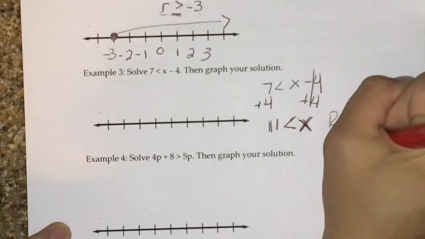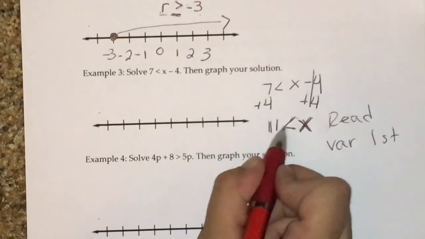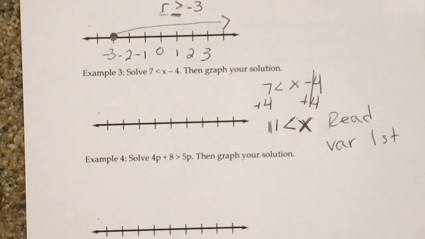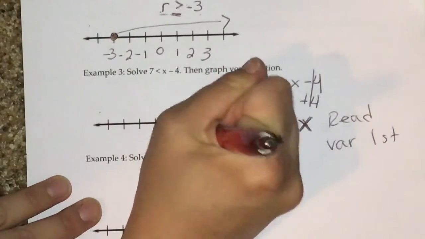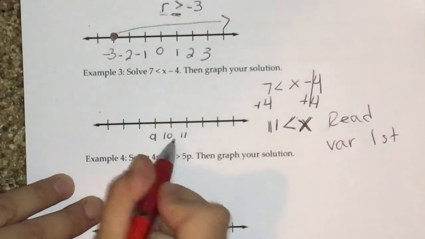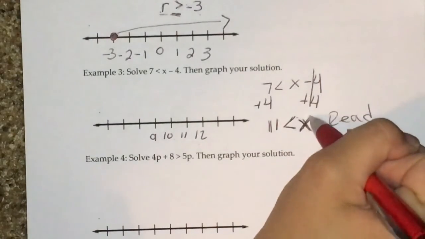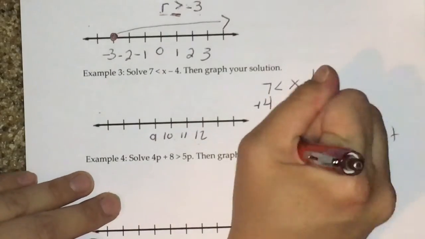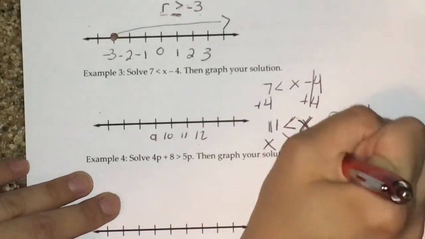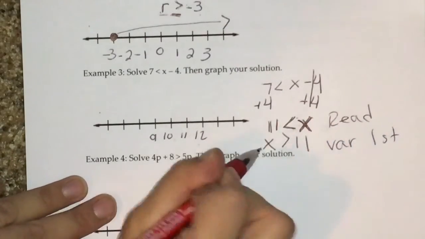Always read the variable first, okay? And whichever way it's opening towards the variable is the way that you're going to say it out loud and the way that you're going to graph it. So if this was 9, 10, 11, and 12, I would read my variable first, or you could also just rewrite it like so, as long as you keep the alligator mouth opening towards x.